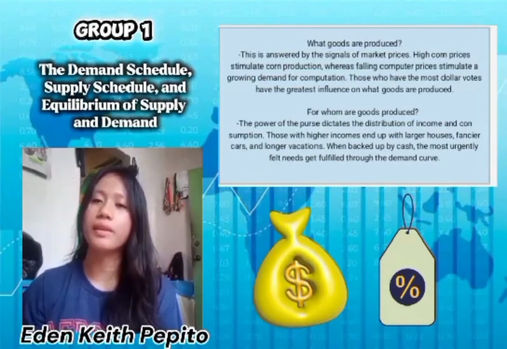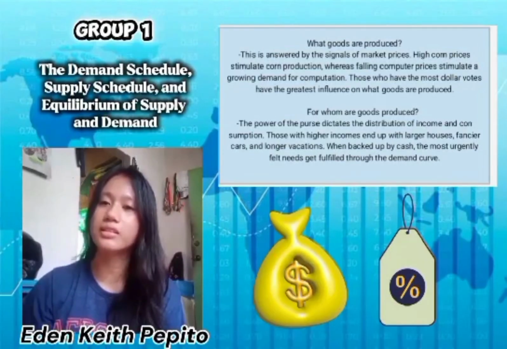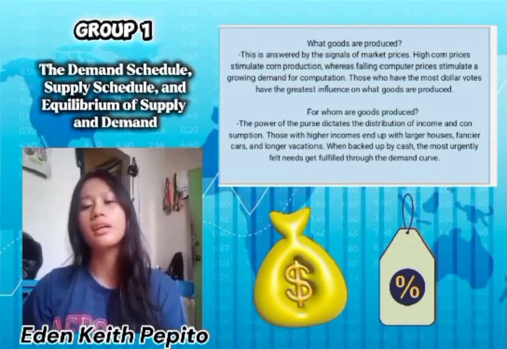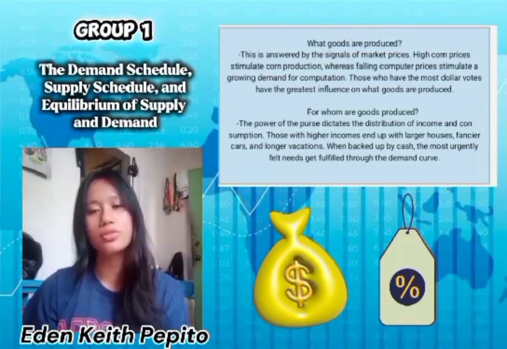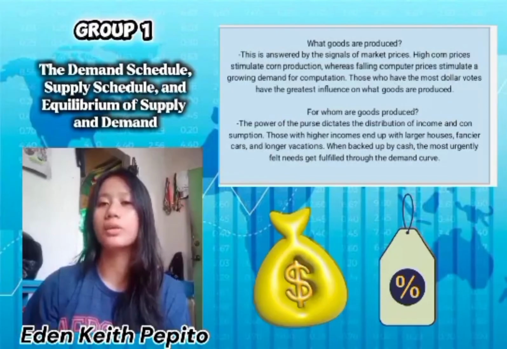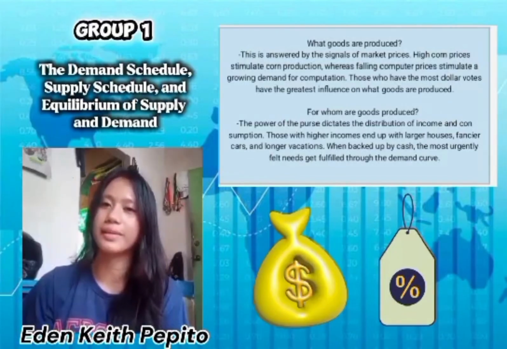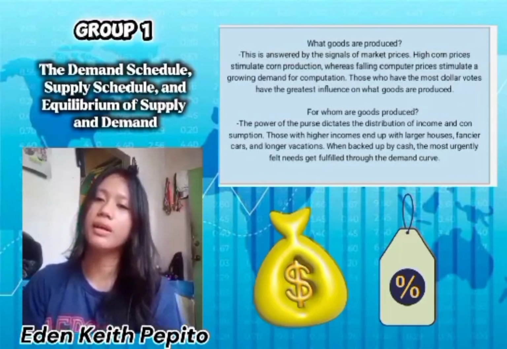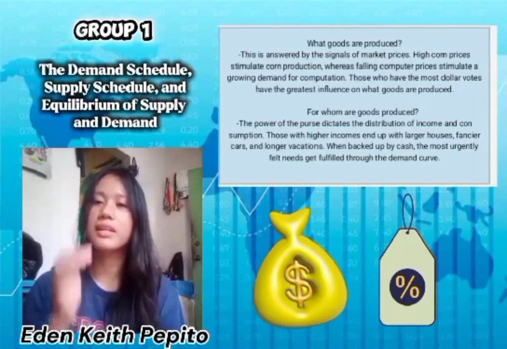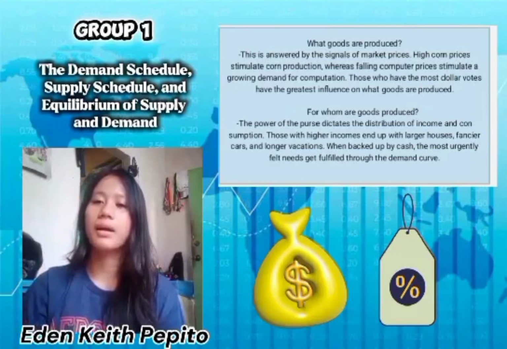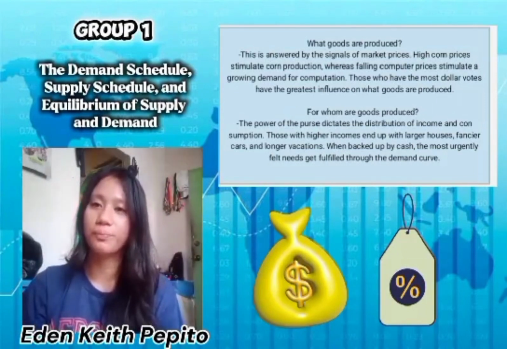And through buying that branded products, ang kumpanya kadali ra pud kayo makakita. So mao nang those who have the most dollar votes, sila ang mas dako og influence sa usa ka kumpanya. Kay tungod sa ilang pagpamalit og mga branded products, mas daling maka-profit ang usa ka kumpanya.